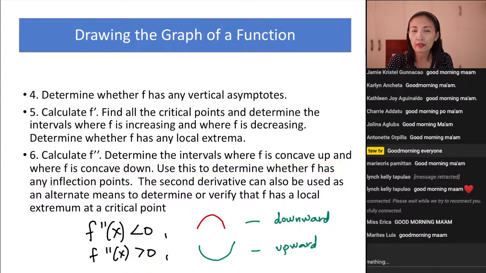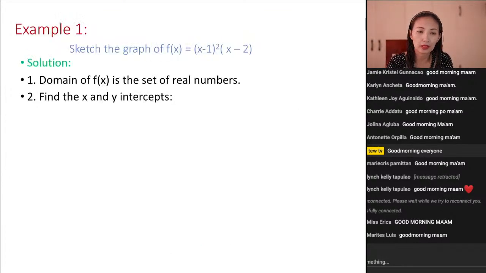It's the value of x at which the second derivative is 0. The second derivative is an alternate means to determine or verify whether the function has a local extremum at a critical point. So let's illustrate the use of these steps in example number 1.